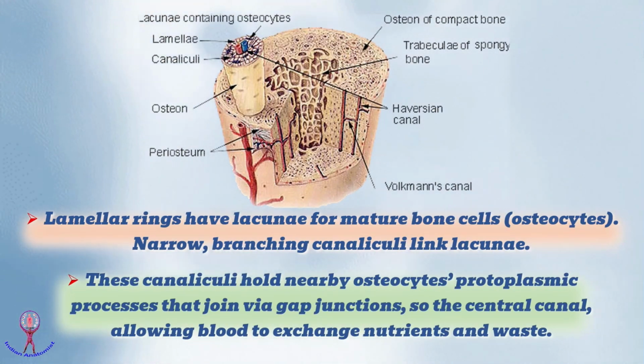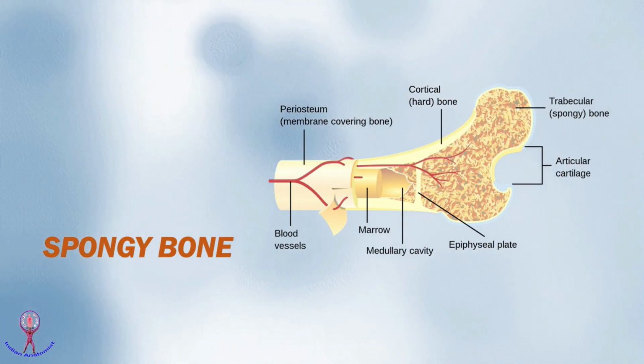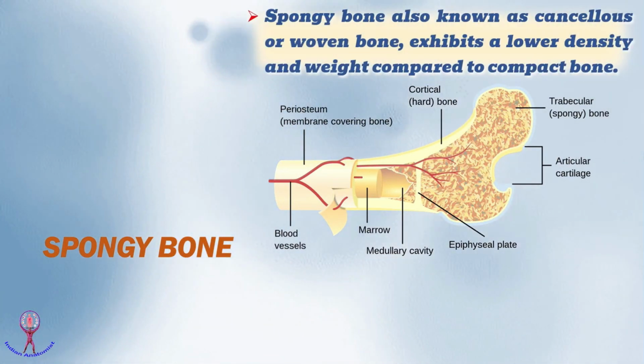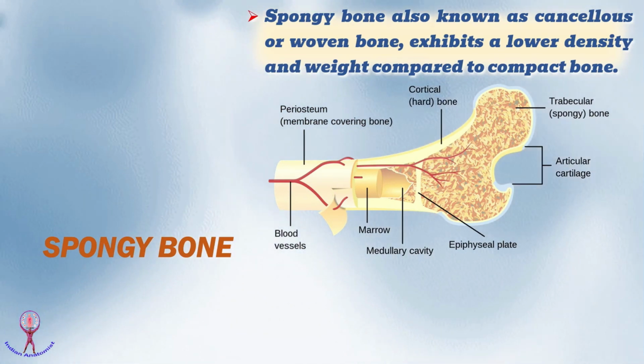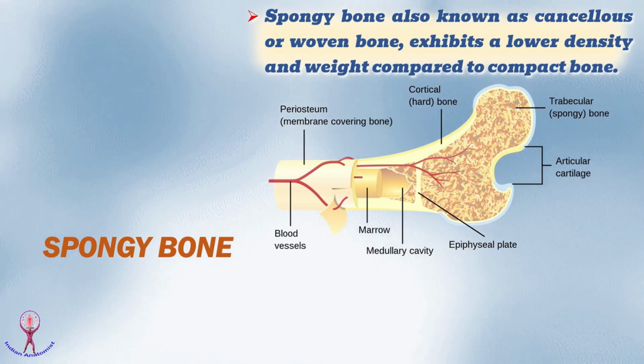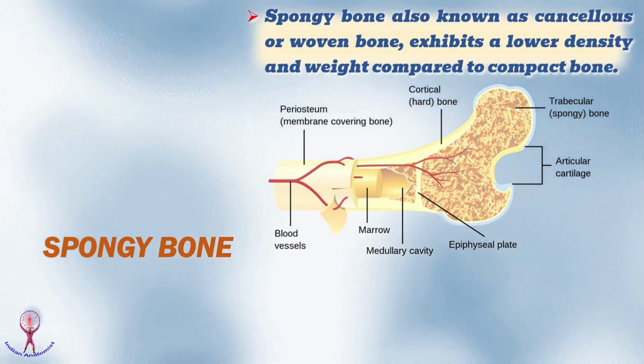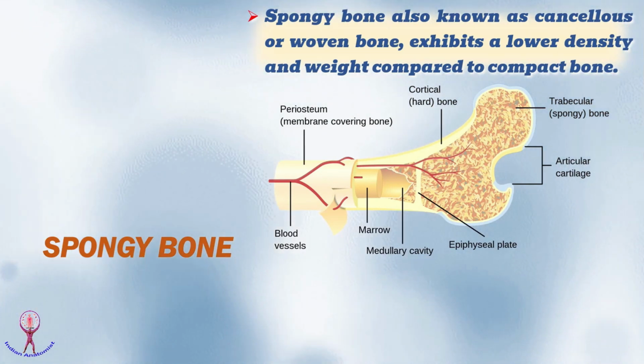nutrients and waste. Now I'll talk about spongy bone, which is the last type of bone in the structural classification. What is spongy bone? Spongy bone, also known as cancellous or woven bone, exhibits a lower density and weight compared to compact bone.